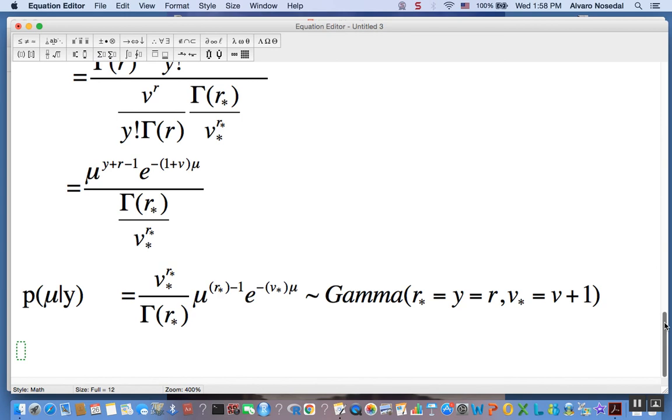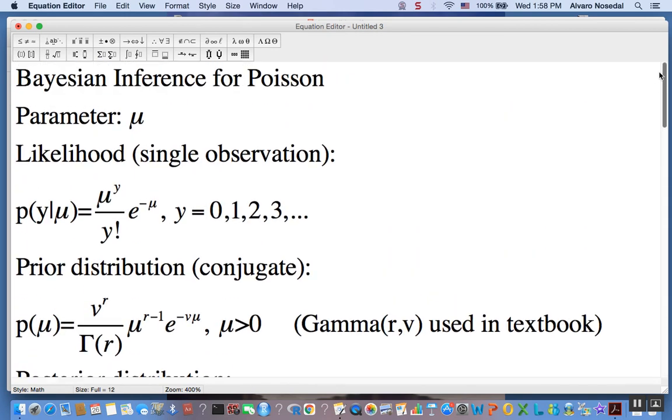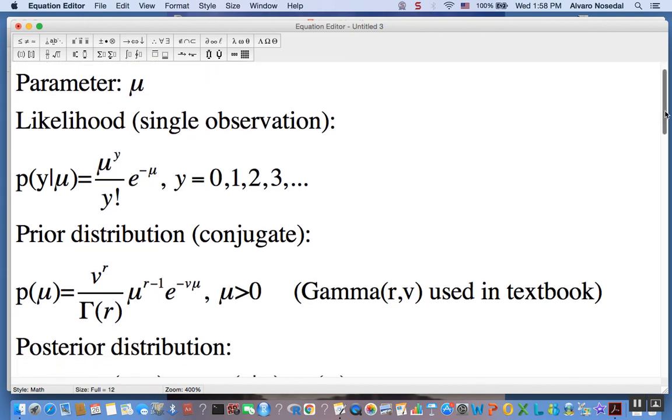Okay, so let's recap, very quickly. In this video we started studying data coming from a Poisson distribution, meaning data that could be modeled using a Poisson likelihood. The kind of prior that we are considering is a conjugate prior.